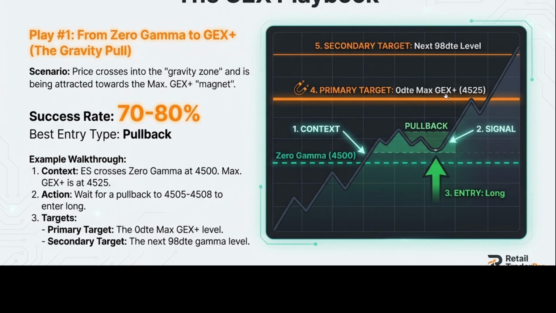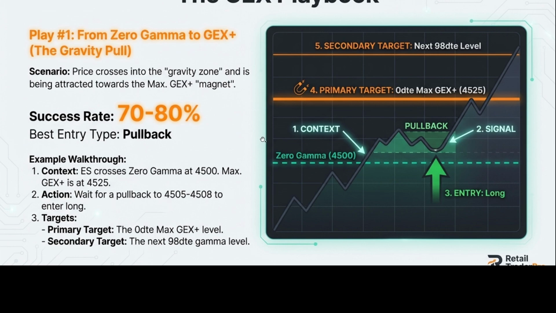Why is the max GEX level, or positive level, so important? Because the gamma there has the biggest number at that level. For the day, this number of option positions has the max gamma of all the rest of the ladders in the complete histogram.